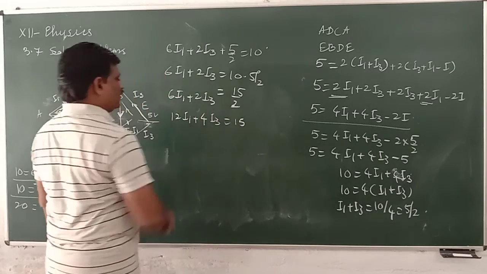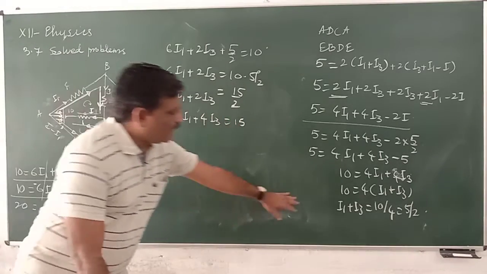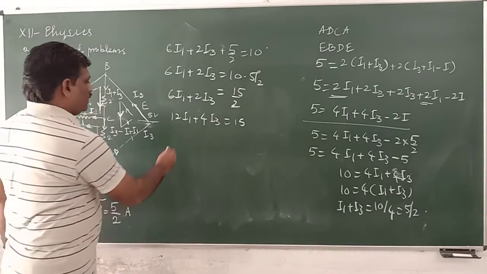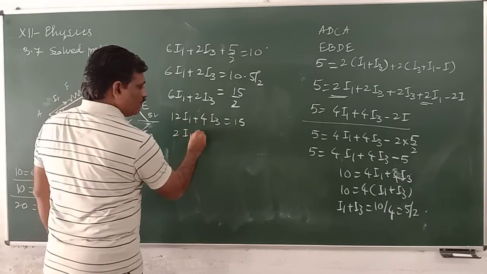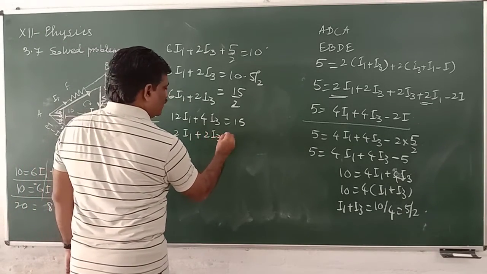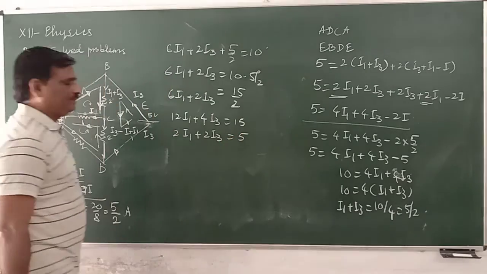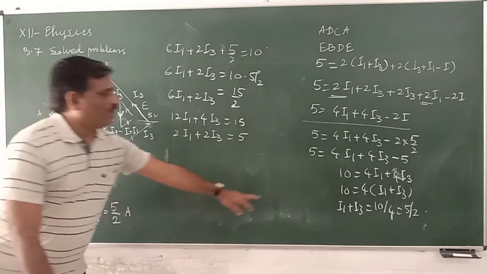If I take this into this thing, here again I get from this one 2I1 plus 2I3 is equal to 5. From this equation I got it.